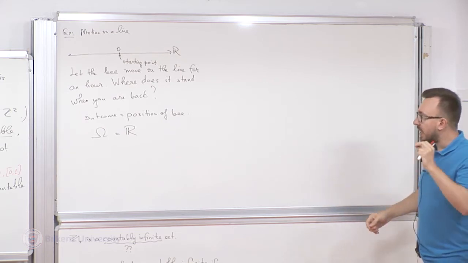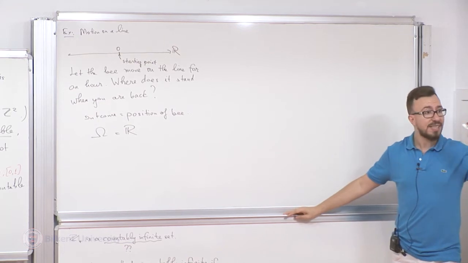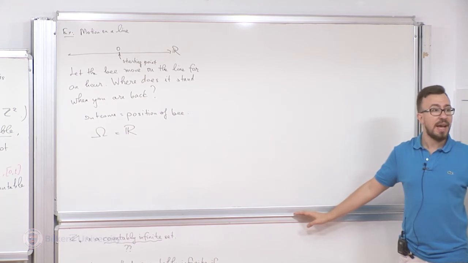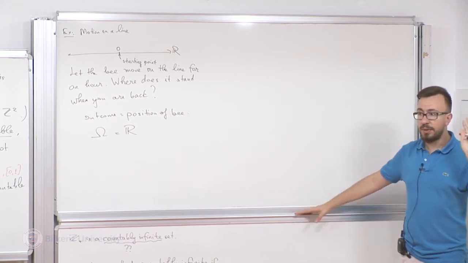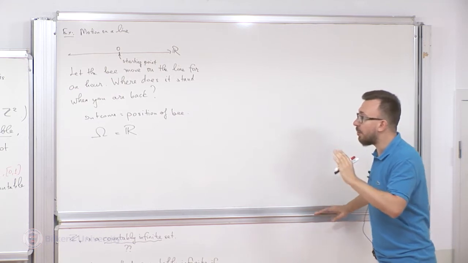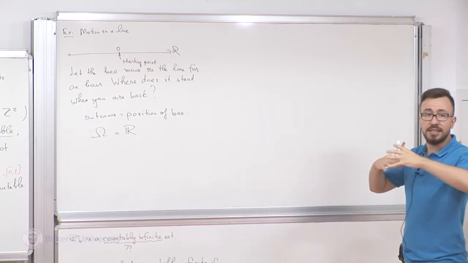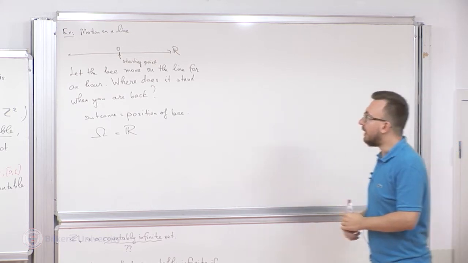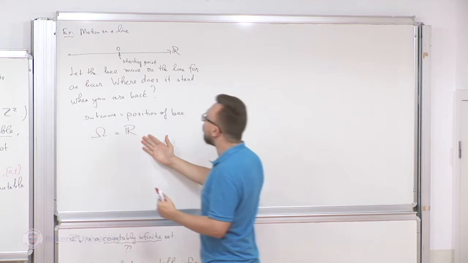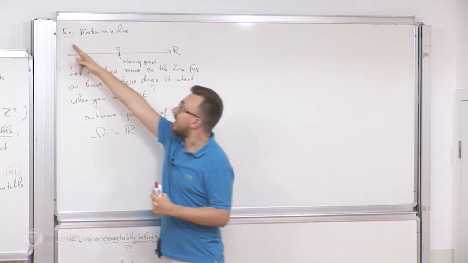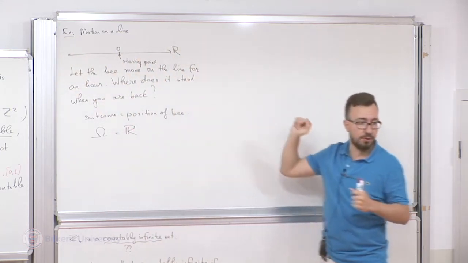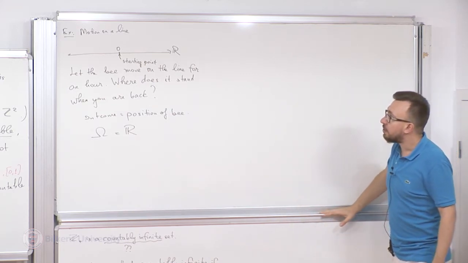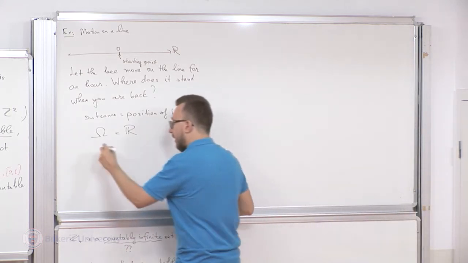Again, the sample space is the set of all possible outcomes. So don't exclude the outcomes that are not very likely. That's what we don't want to do. We would like to have a sample space that is as rich as possible, as realistic as possible. But we don't include, for instance, minus infinity and plus infinity. That is not really a possibility in real life. So that's an uncountable set.